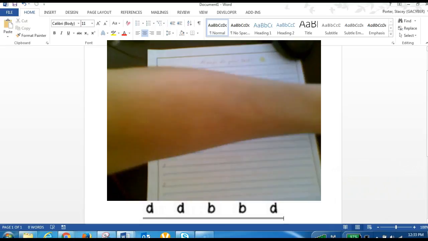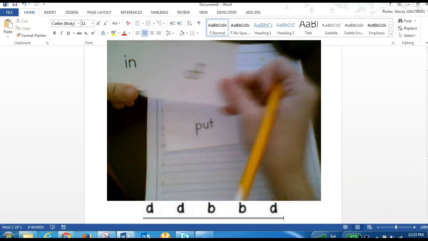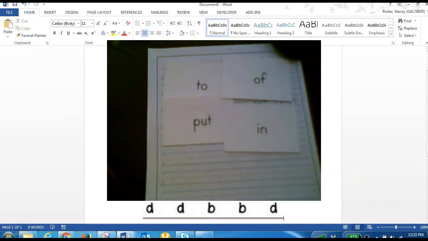And our last group of sight words. To, put, of, in.